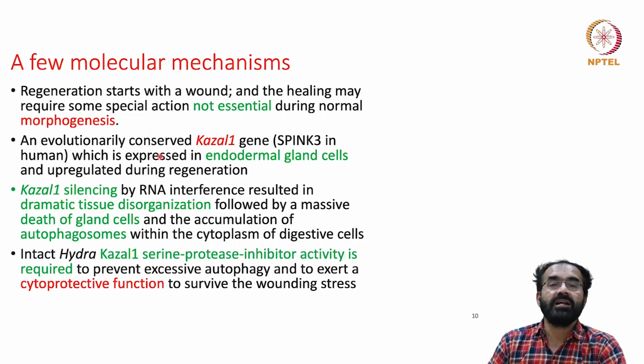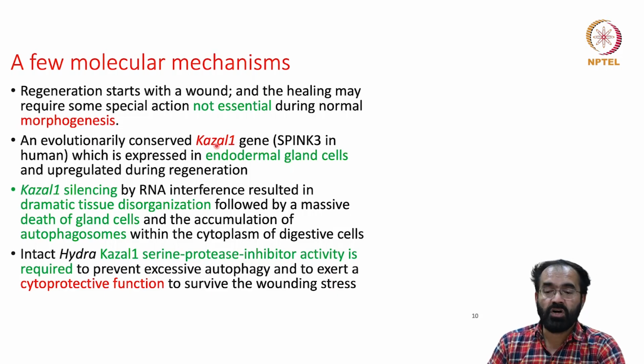An evolutionarily conserved gene called Cell gene, which is also known as SPINK3 in the case of human, is expressed. Remember, this Hydra gene is present up to human. That shows how conserved this gene is. That is why the Cell gene is very important. It is basically a serine protease inhibitor, Kazal type. That is what the abbreviation SPINK stands for.